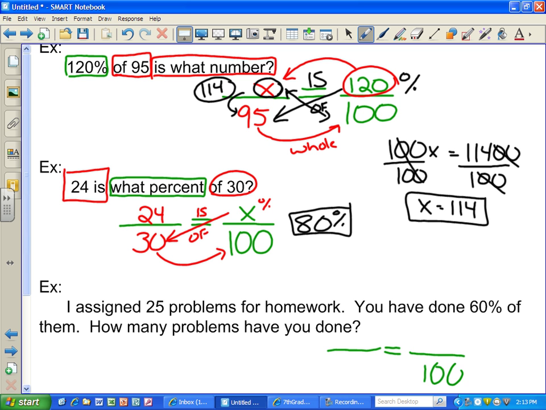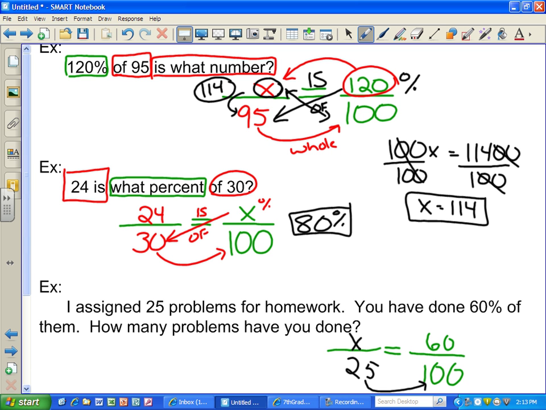So right away, I set up my proportion out of 100. First thing you fill in is what goes over 100, which is 60. So you want to find out 60% of the 25 questions. So the of 25 would go on the bottom. And again, since that 25 is representing the whole entire test, that goes on the bottom next to 100%.